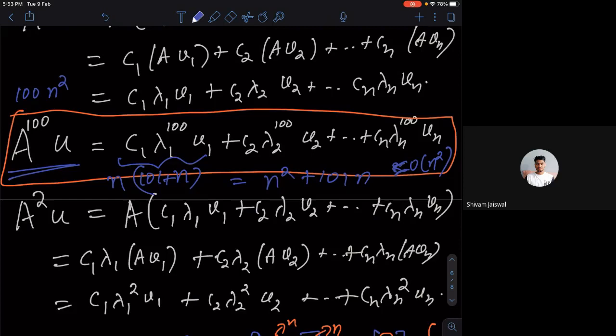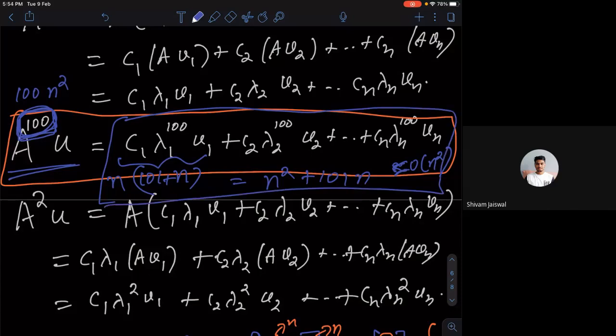So once this 100 becomes bigger and bigger, this method becomes better and better. That's our understanding, right? If the power k gets bigger and bigger, the right hand side becomes better and better.